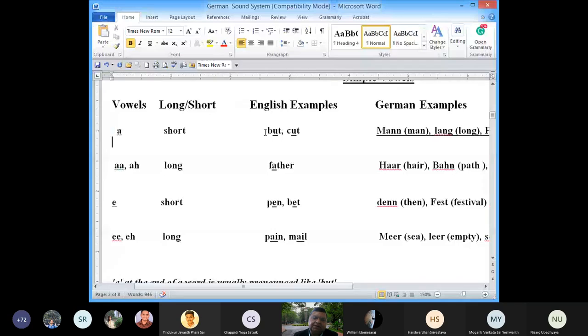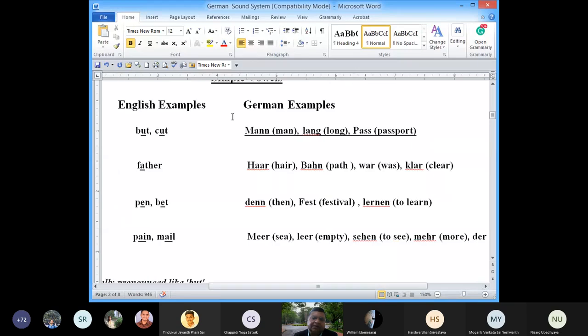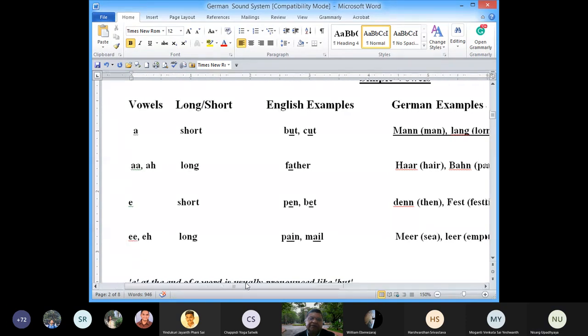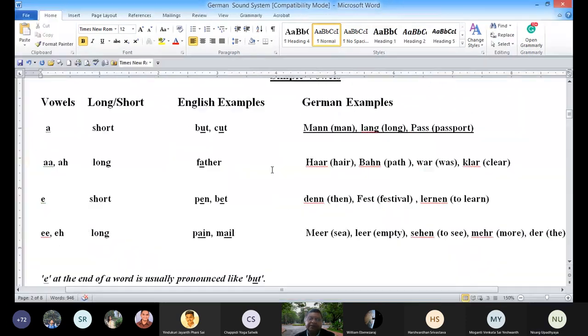So I have given it just for some clue. It is in between o and a, so it is not exactly o. You are not pronouncing man, but rather slightly higher. Because in English I can't give the exact 100% similar example. In Sanskrit we do have it, but in English we don't.